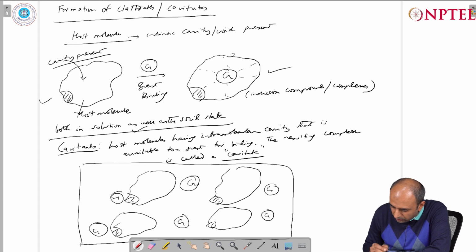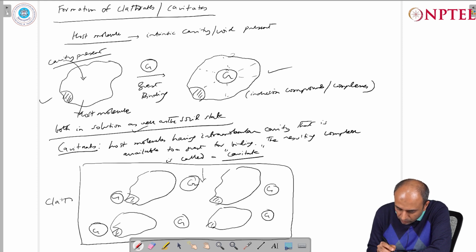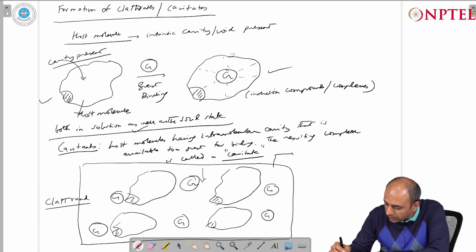You have the host and the guest arrangements and the voids are present. These are the voids which are present in the crystal structure, and the guest molecule goes and occupies these voids which are present in the crystal structure of the host. So these kind of host molecules which have this kind of arrangement are called clathrands. And the resulting supramolecular complex is called a clathrate.